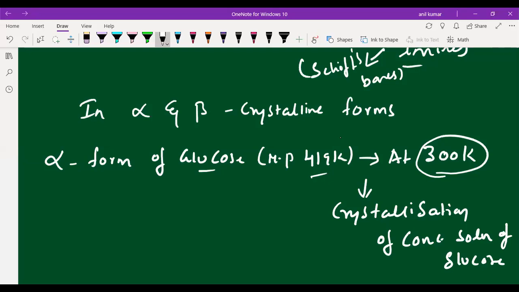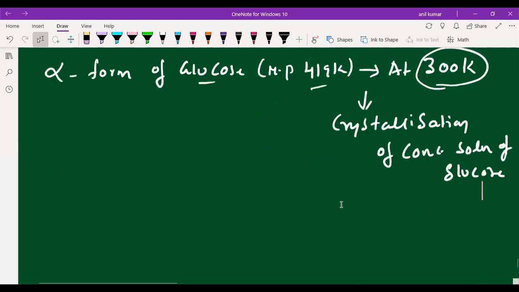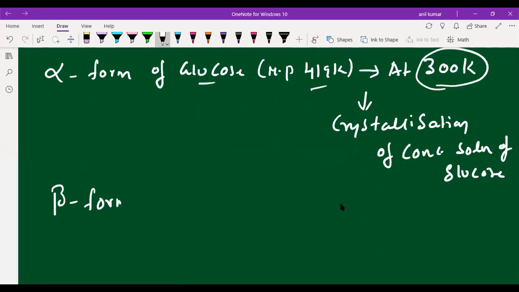Next, the beta form of glucose. It has a different melting point. The melting point of the beta form of glucose is 423 Kelvin.